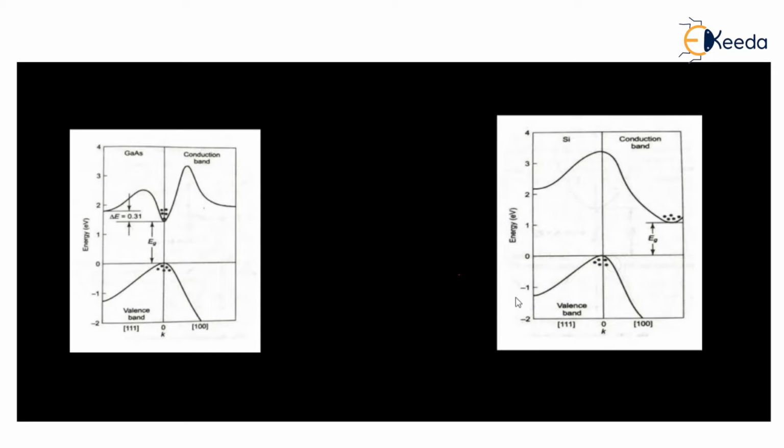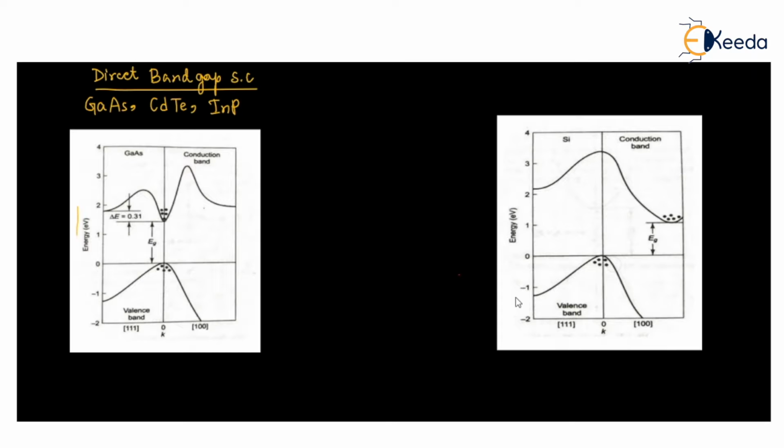This first E-k band diagram is for the direct band gap semiconductor like gallium arsenide, cadmium telluride and indium phosphide, all of which are direct band gap semiconductors.